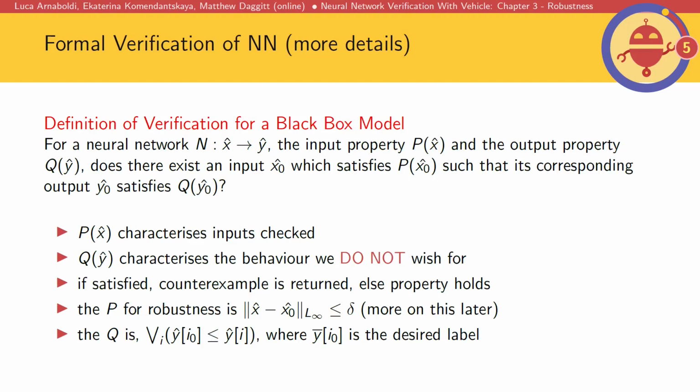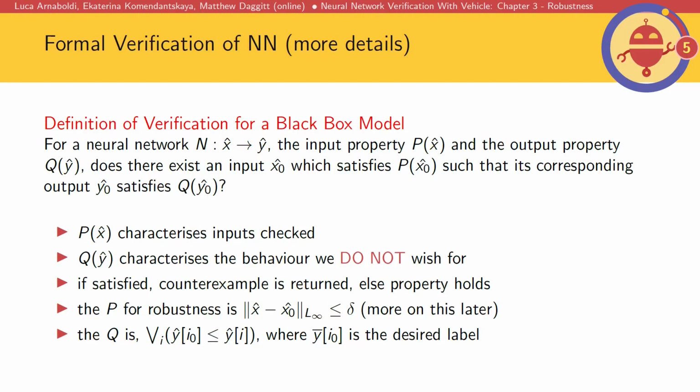We know this is an SMT solver, so we always phrase this as the negation, what we do not wish for. That is just how you write these queries for SMT solvers. If it is satisfied, a counterexample is returned. So if we find an instance where this does not hold, and we saw exactly that example in Katja's slide, we see some set of inputs that causes the property to break.